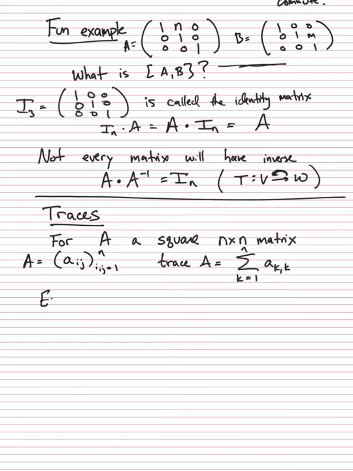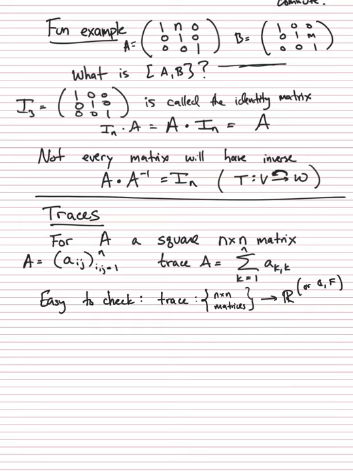So it's easy to check that the trace actually defines a linear map. You can think it goes from n by n matrices to the real numbers, or complex, or any arbitrary field.